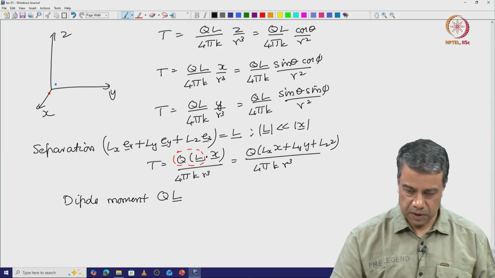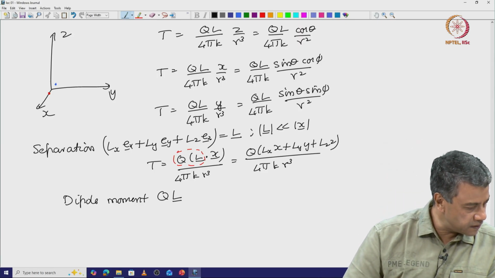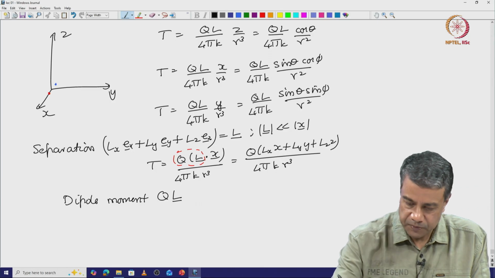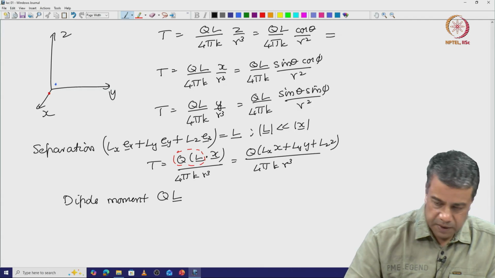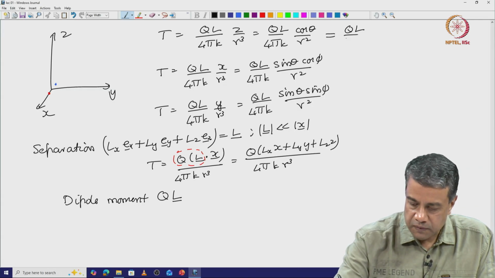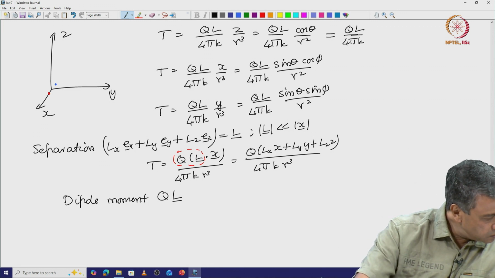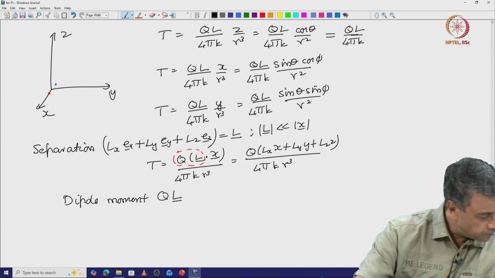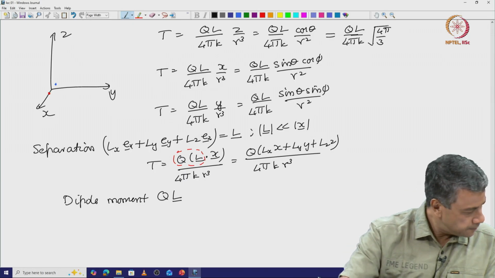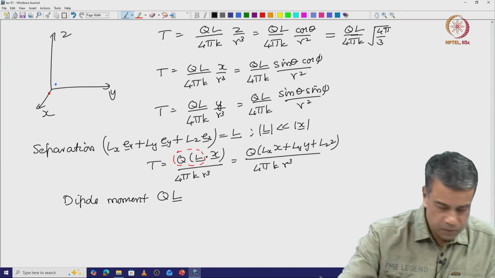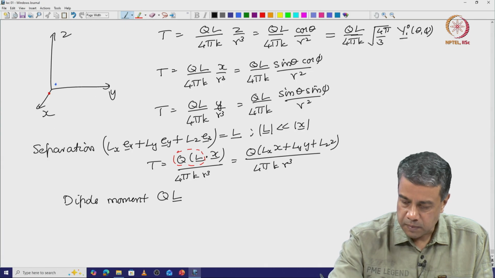Now, the temperature due to these can also be written in terms of the spherical harmonic expansions. So, this will be equal to q L by 4 pi k into root of 4 pi by 3 into y 1 0 of theta and phi by r cubed.